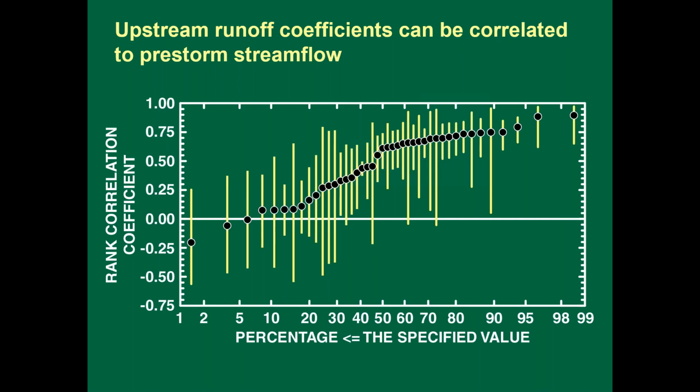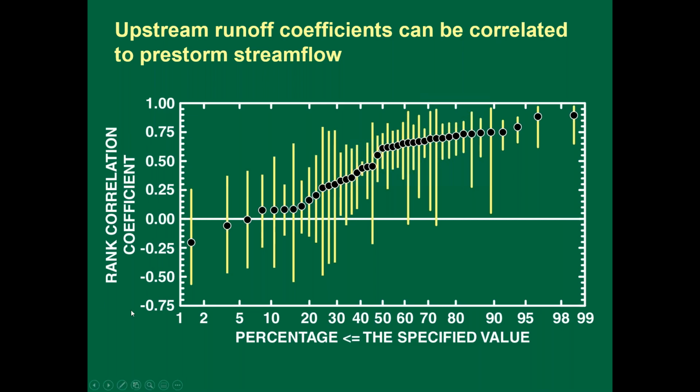The rank correlations are on a linear scale on the vertical axis, and the percent less than or equal to a given value is shown as the probability scale. The calculated value is shown as the black circle, and the vertical yellow lines show the 95% confidence for each value. That's just a function of the rho value and the sample size.